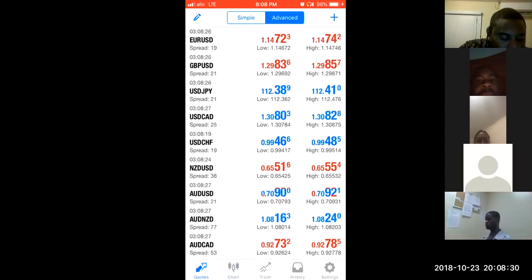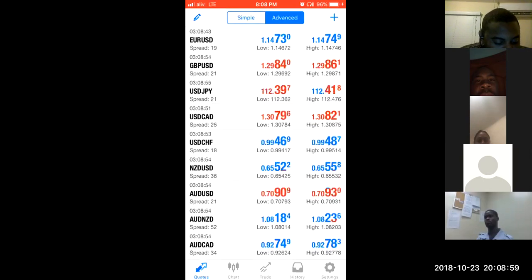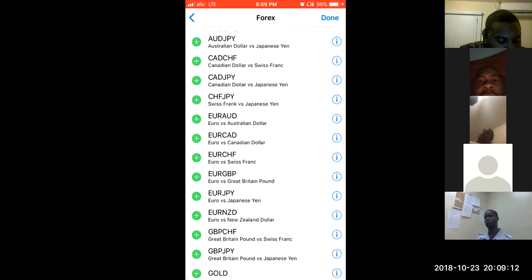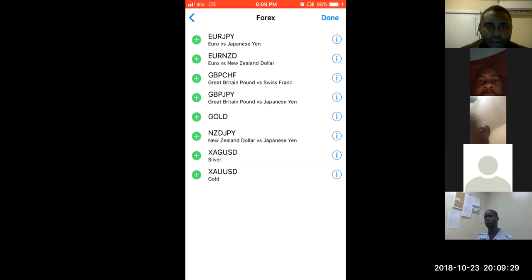So what I can do is go to the simple view, and it doesn't show the spreads, which is important when you are touching the plus sign to add a folder, and then now you can see that I have all these pairs here on the screen.